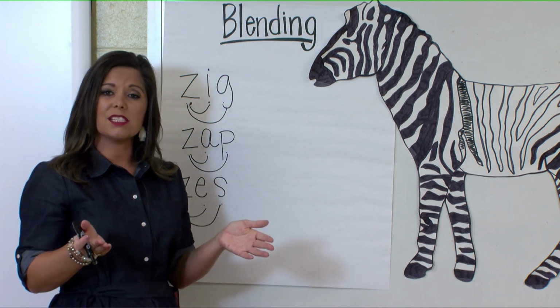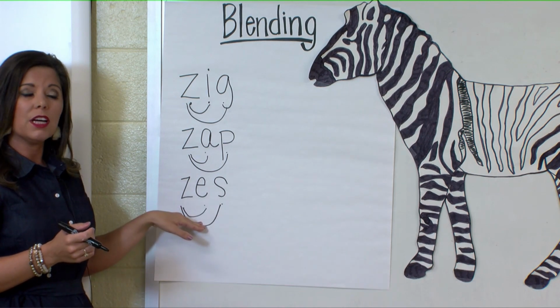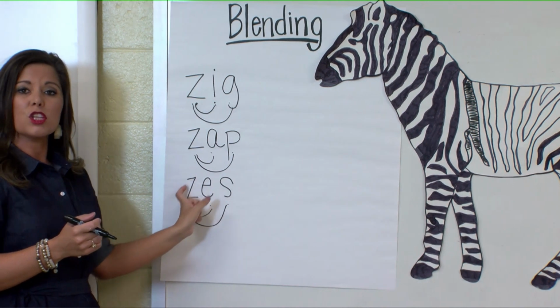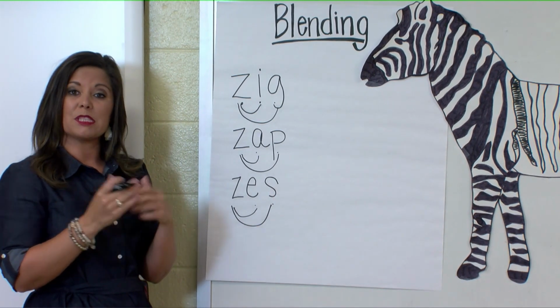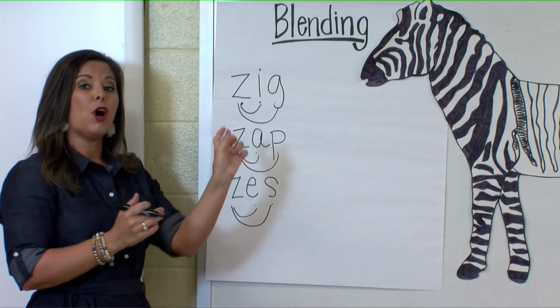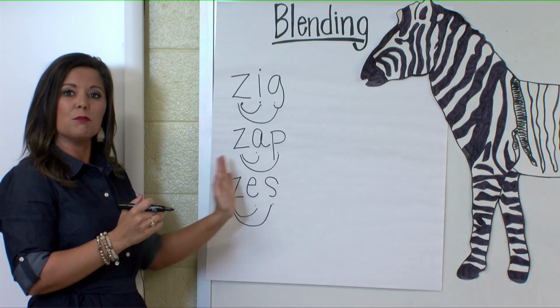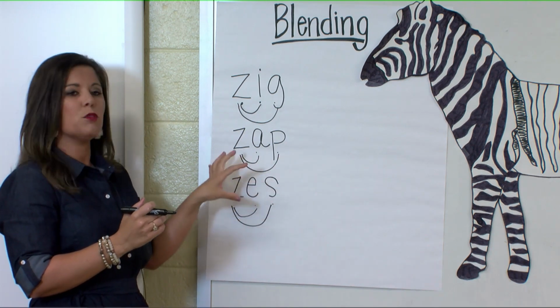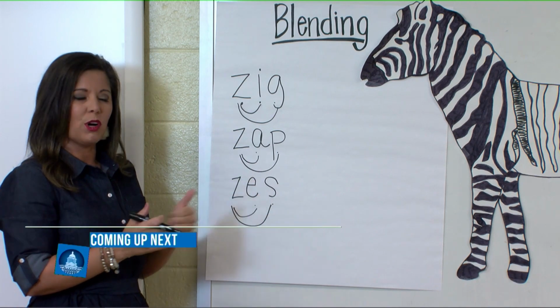This is one of our nonsense words, but remember, the purpose of this is to make sure we can blend sounds because this word zest is also part of a word zesty. How many of you have heard of the word zesty? Maybe some zesty sauce, or I've heard of zest soap. So zest is a part of that whole word. So when we can blend sounds together, we can blend words, okay? So it doesn't matter if you build words and they're nonsense words, as long as you can blend those sounds, that's what we're working on.